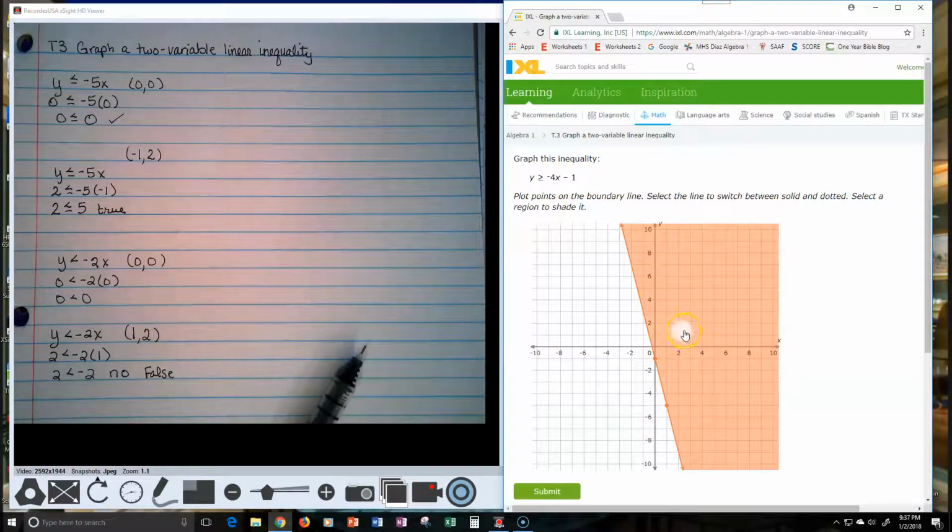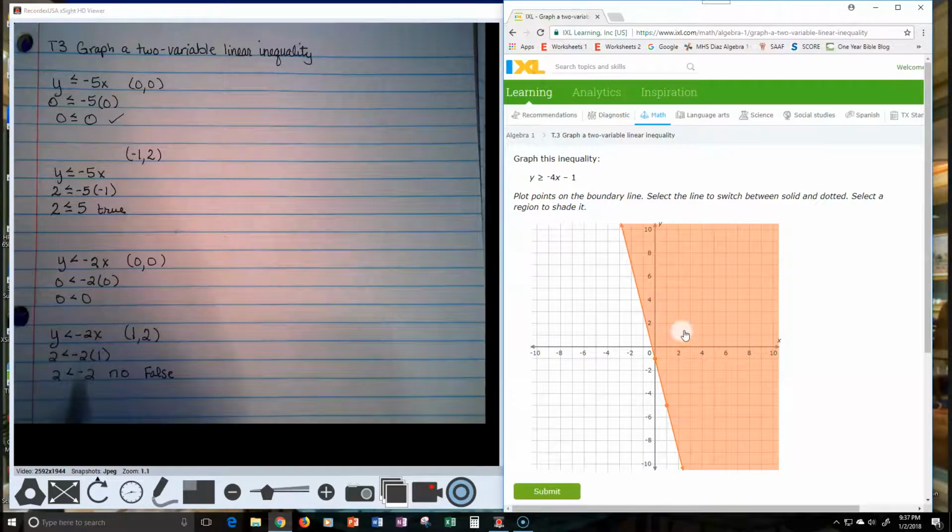Now, if you want to test your point, you can use 0, 0. So we've got y is greater than or equal to negative 4x minus 1. We're going to test 0, 0.